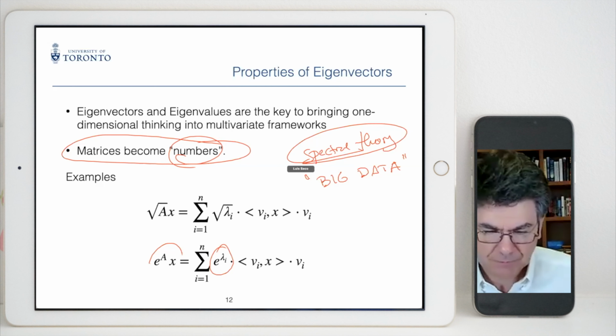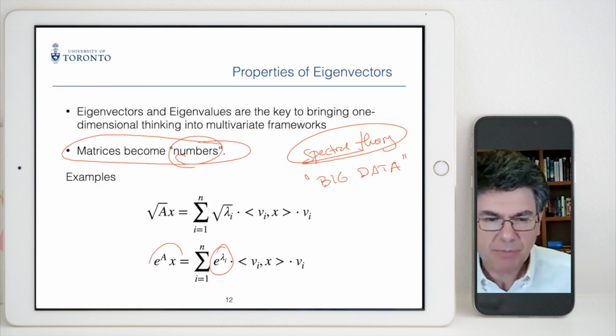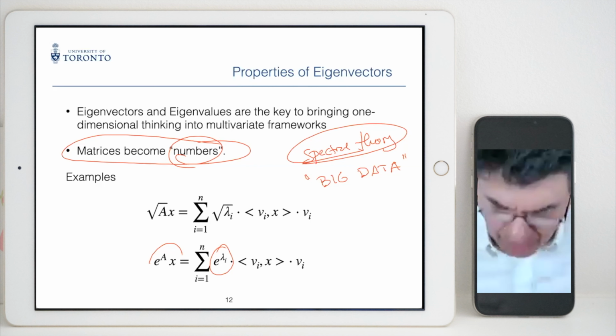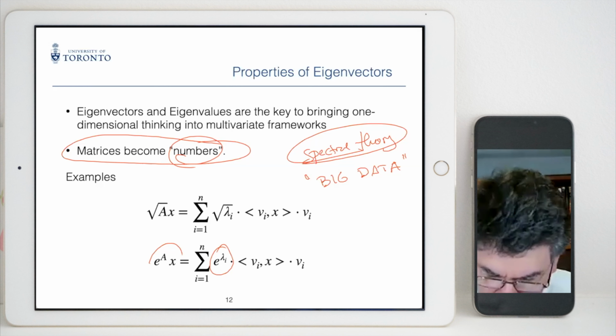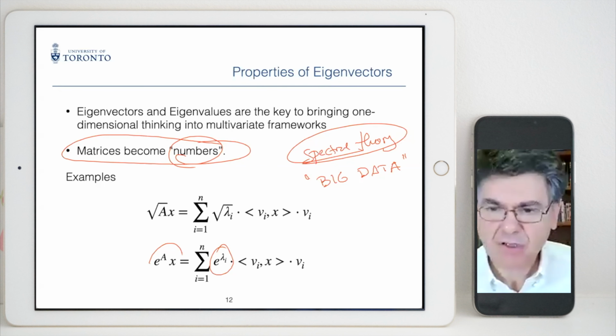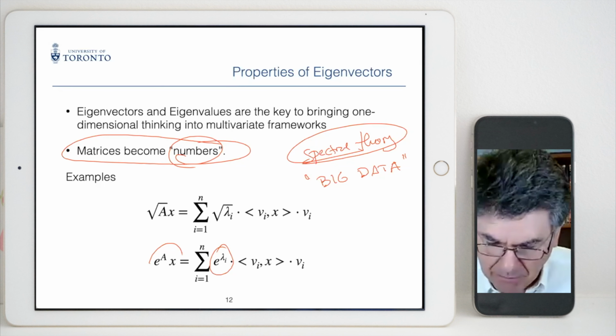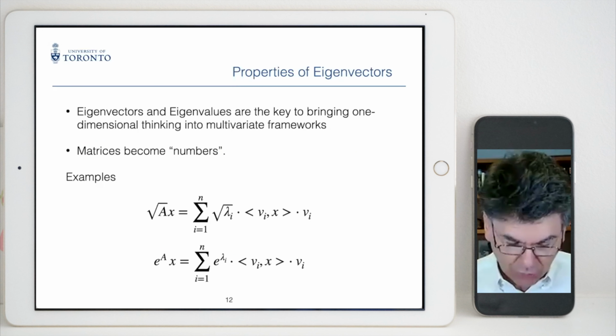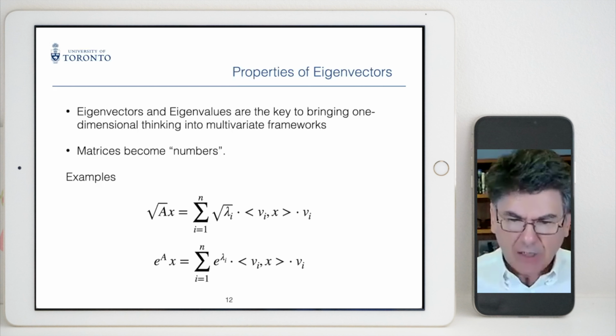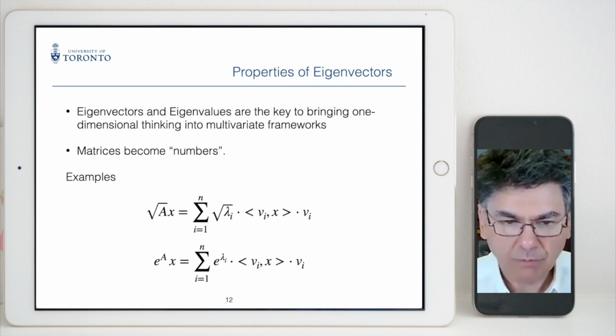For us, we're not going to be doing data science in this course. We're going to be generating markets and creating future market conditions. And eigenvalues and eigenvectors will be useful to us because of the analysis that they allow us to do to create useful Monte-Carlo simulations.